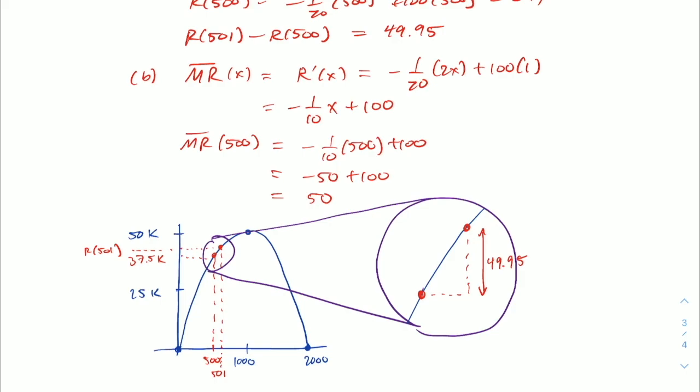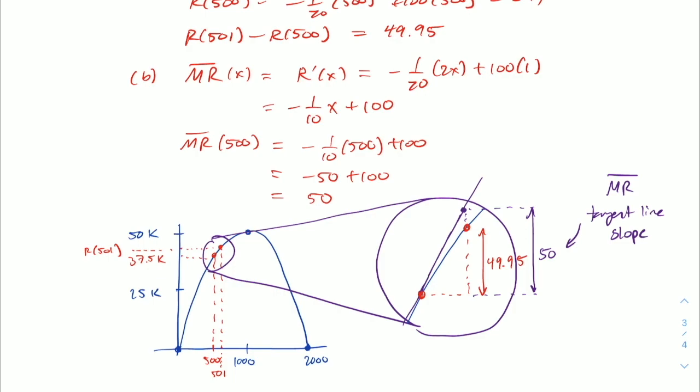In part B, however, we found the slope. So what that's measuring is how much the tangent line goes up as we go over 1 unit. So you can see that the tangent line slope is approximating the increase in the function as we add 1 more unit. In other words, the marginal revenue is approximately how much the revenue goes up as we add 1 more unit.